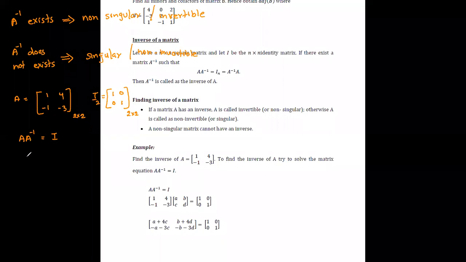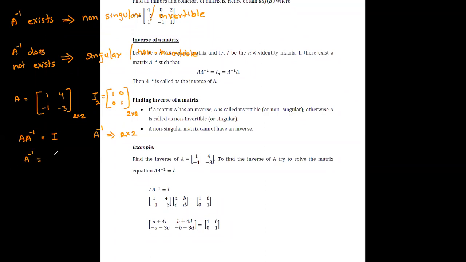Then A inverse should also have dimensions 2 by 2. Since we still do not know the elements of A inverse, first we say that A inverse is a matrix having 4 elements, a, b, c and d.